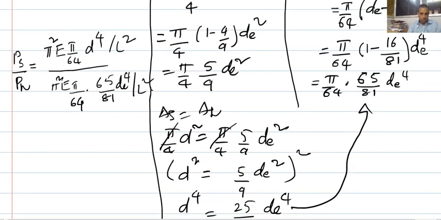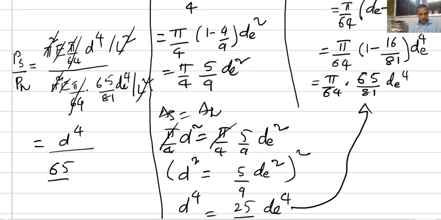Okay. Now E gets cancelled, pi by 64 gets cancelled, L square gets cancelled. So what I get is only d power 4 by 65 by 81 d power 4, right.